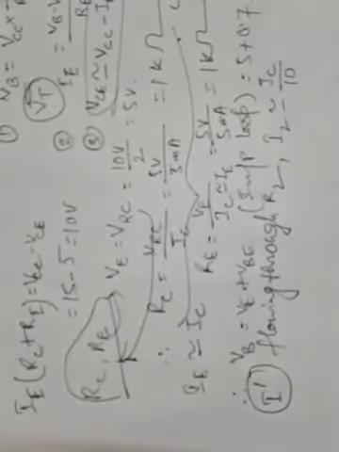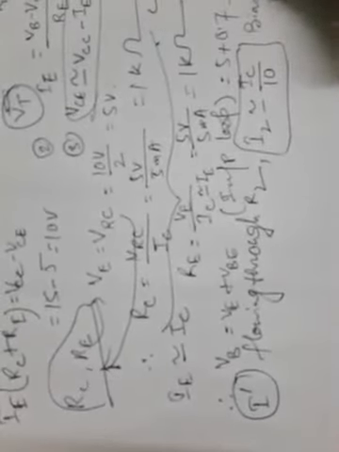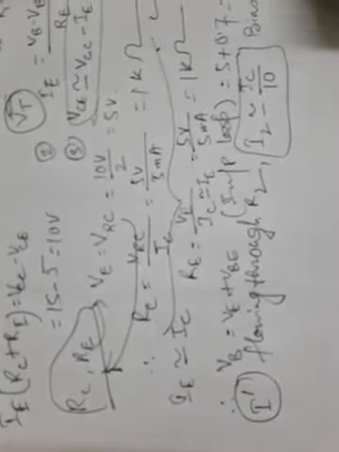Now we can say I2 is approximately equal to IC divided by 10. This was the condition required for ensuring the bias stability of the voltage divider bias, that means to ensure that the Q point should be stable.